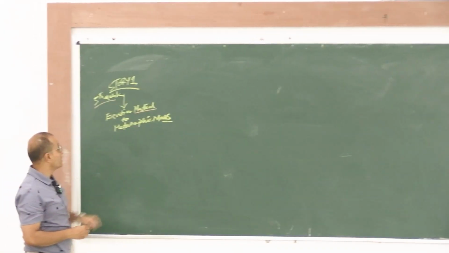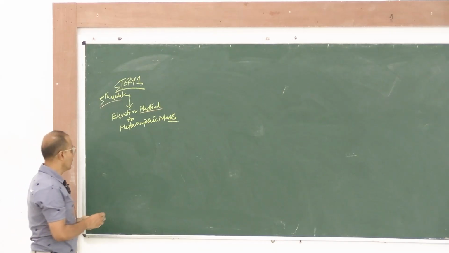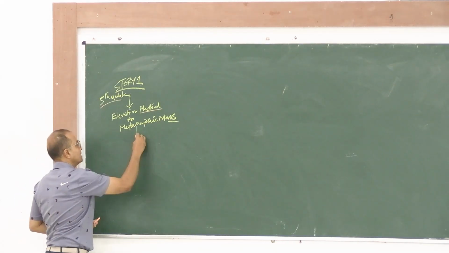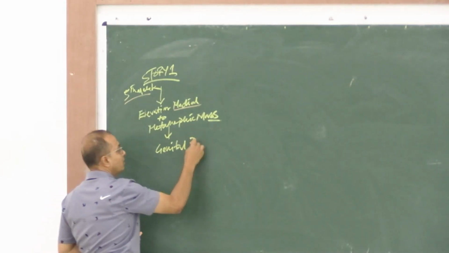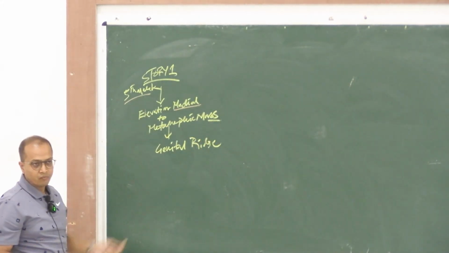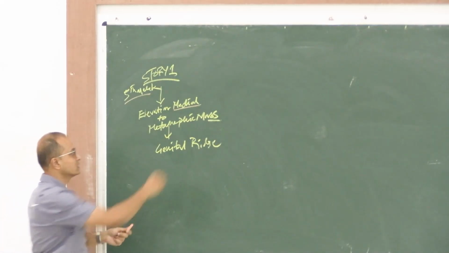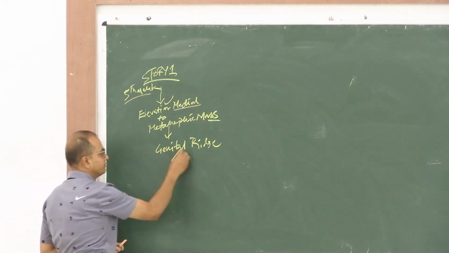Now, if we have an elevation, we give a name to it. We name this elevation the genital ridge. This genital ridge, which is nothing but an elevation, has 2 parts.